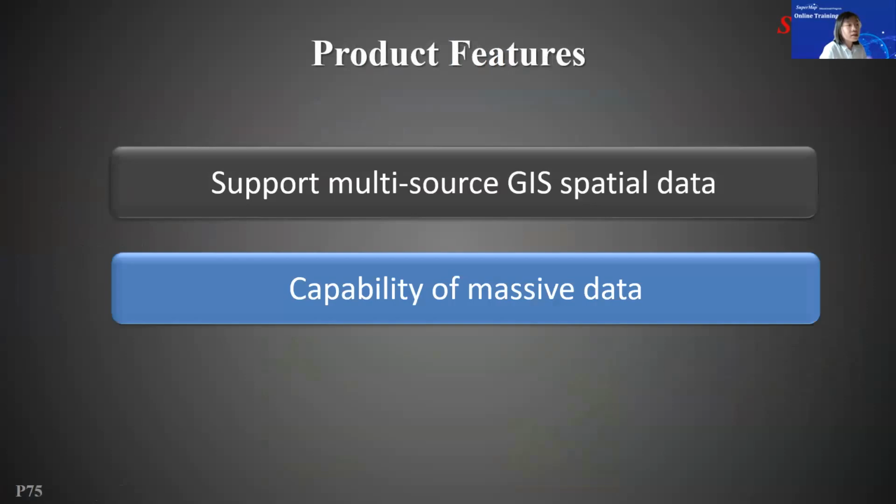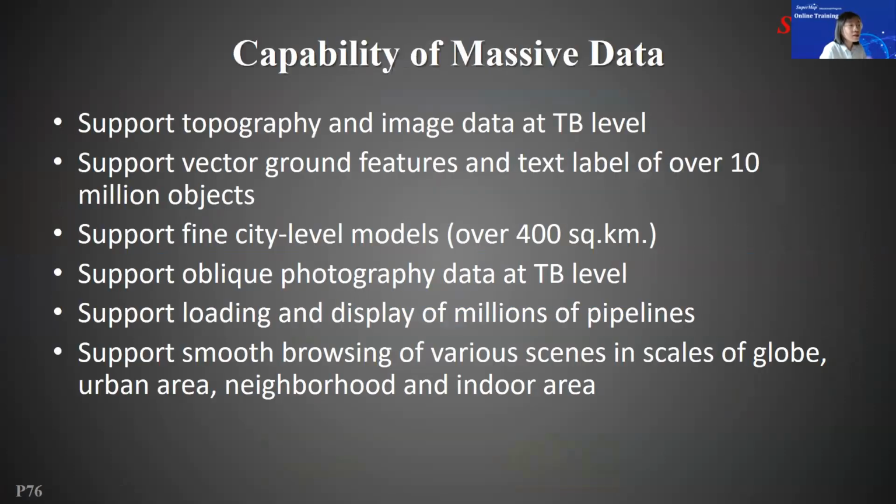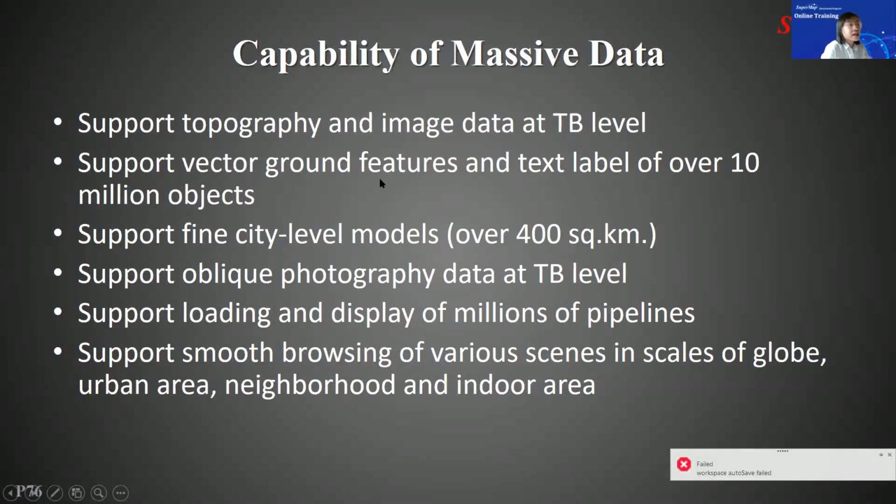The next capability is massive data. For topographical terrain and image data, we can support data at TB level, and support vector ground features. For building data, more than 10 million objects.